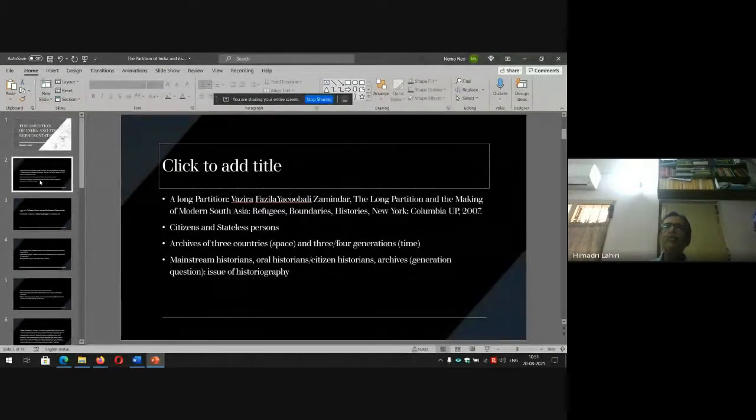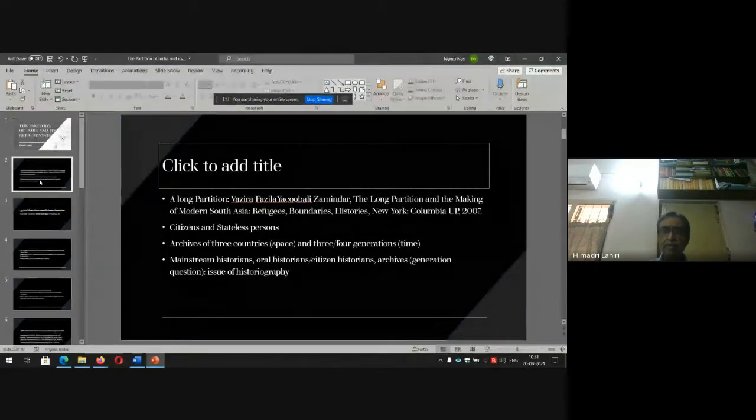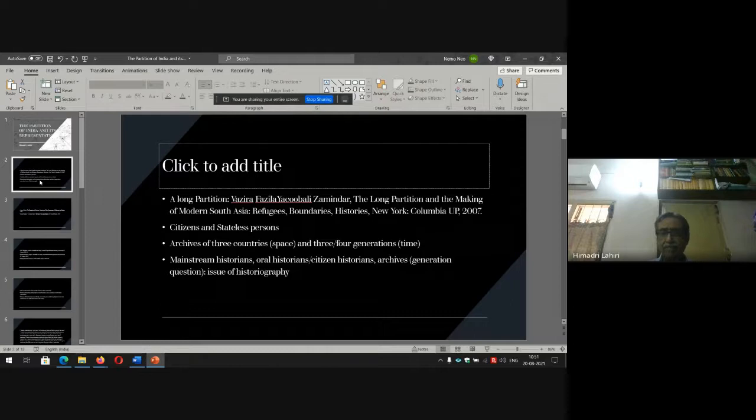They are published through books. So the concept of the citizen historians, the concept of the new archives, these offer new materials which help the formation of the new historiography, of writing new novels.